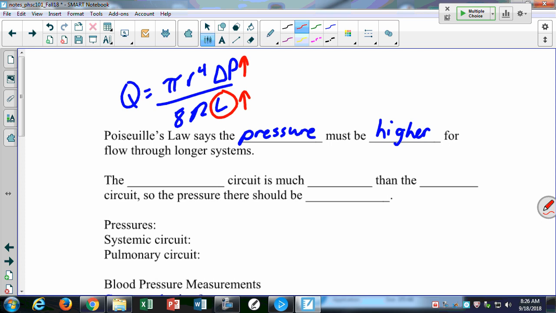That makes intuitive sense, that if I have a really long water hose, I'm going to need a higher pressure in order to push fluid through that water hose. And the same is true for our systemic and pulmonary circuits.